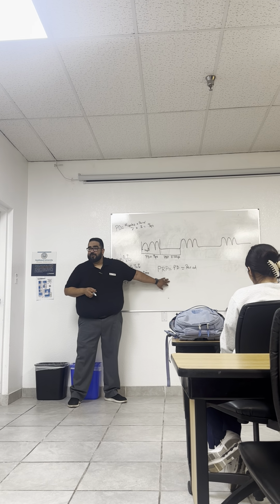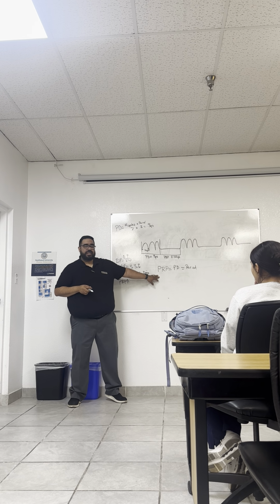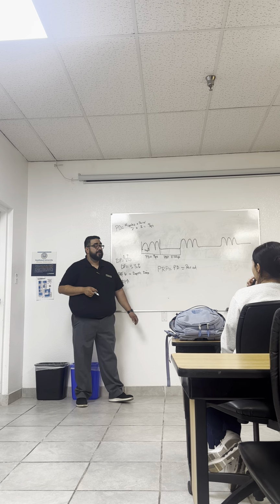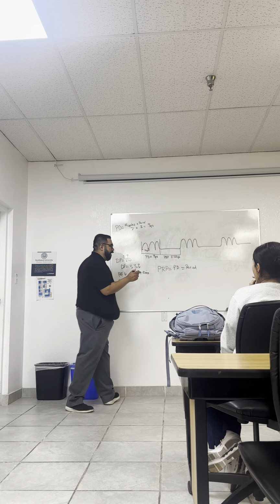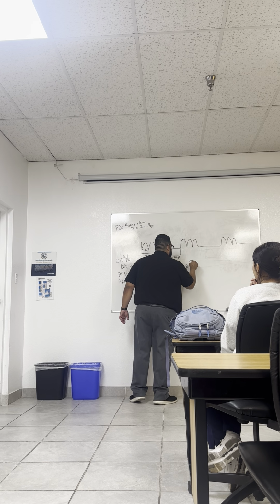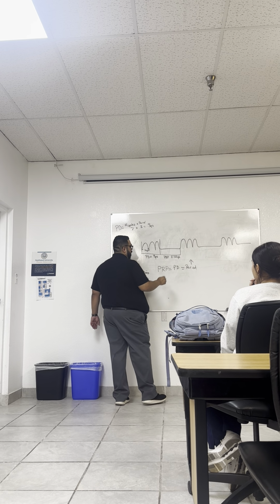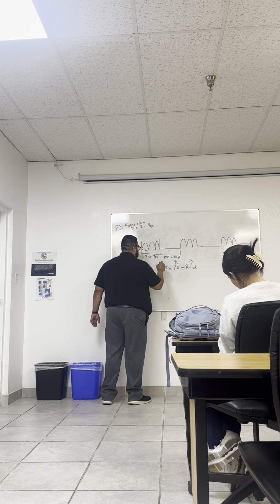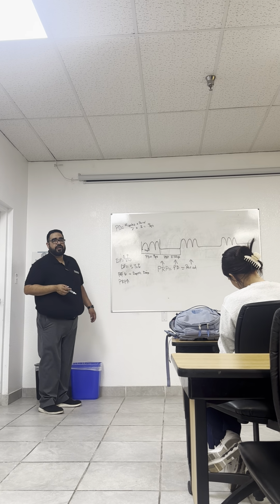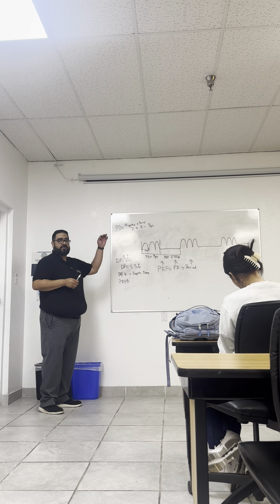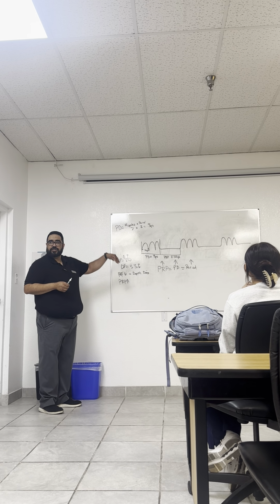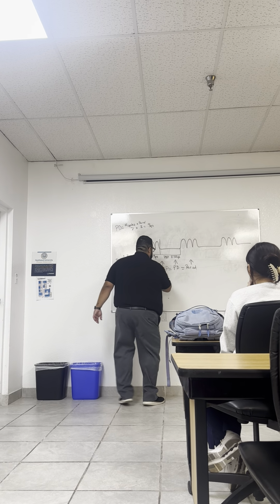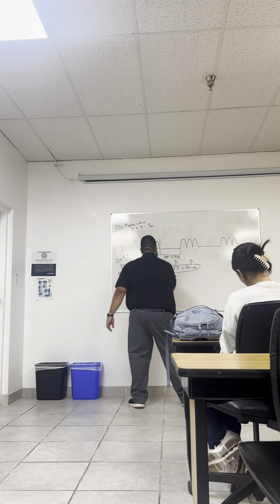Okay, so PRP is related to the pulse duration, which is related to the period. If our period goes up, what happens to our pulse duration? It goes up. And what happens to our PRP? It goes up. If they go down, the period goes down, the pulse duration goes down, and the PRP goes down. These three are directly related.